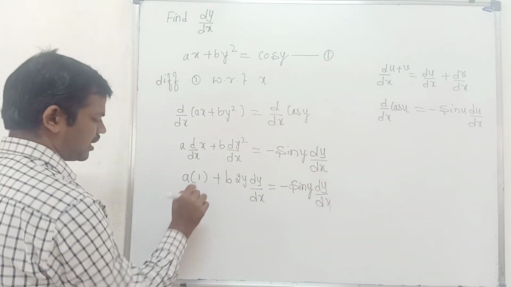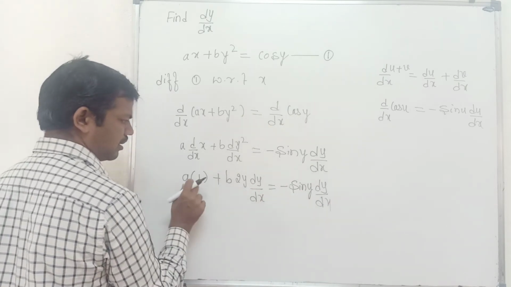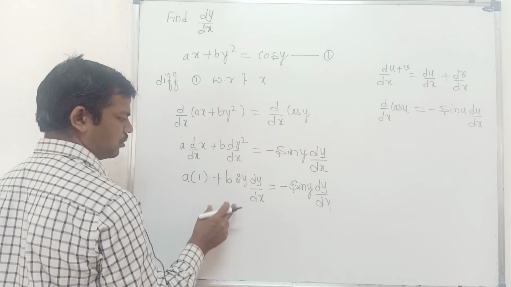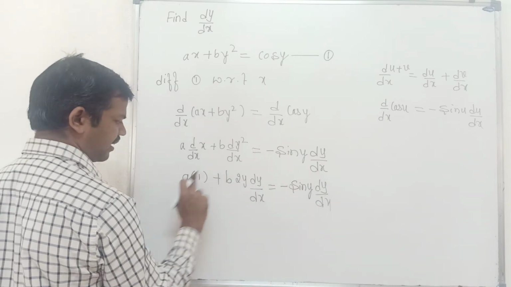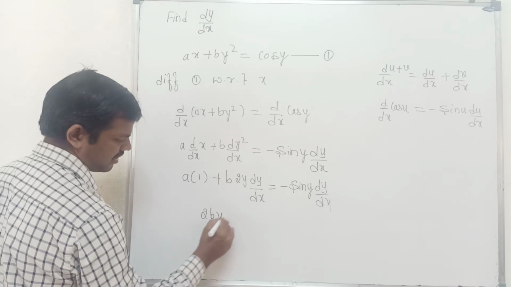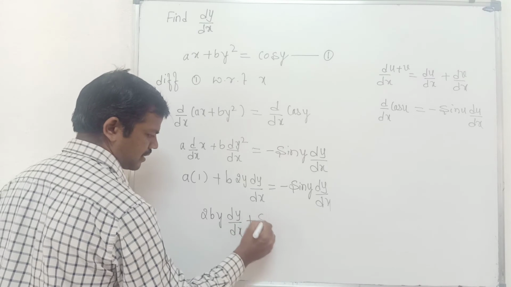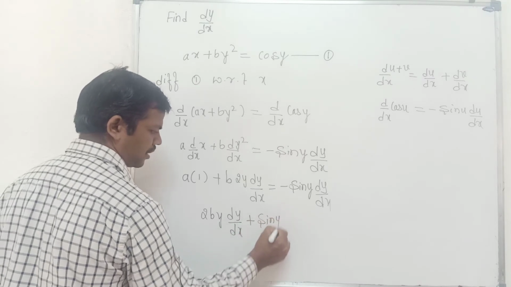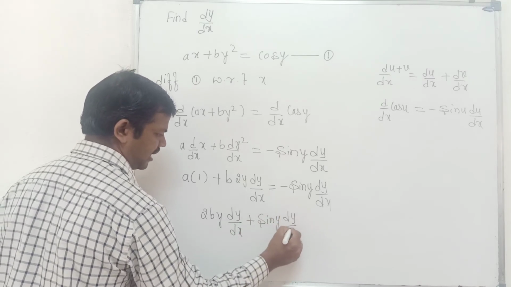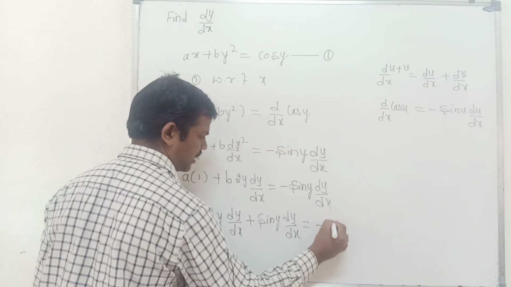So a into 1 is a. We bring this to this side, and we get 2by dy by dx plus sin y into dy by dx is equal to minus a.